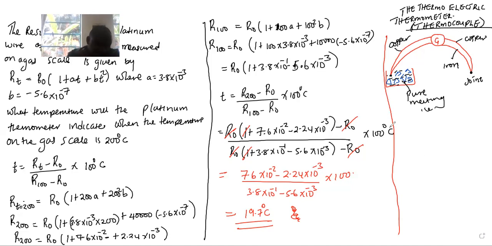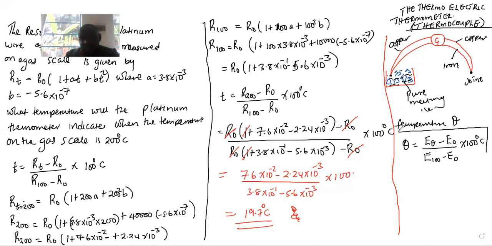And with that, the temperature theta in degrees Celsius can be predicted from theta is equal to the EMF at unknown temperature minus the EMF at ice point divided by the EMF at steam point minus the EMF at ice point times 100 degrees Celsius. So this is the mathematical expression that can help us predict the temperature using a thermocouple.